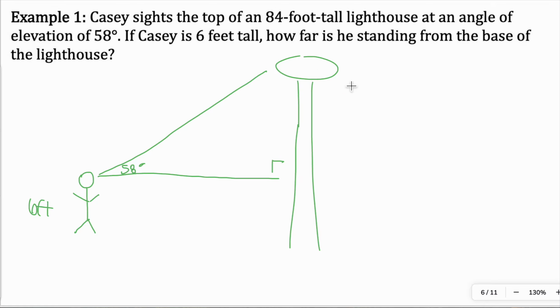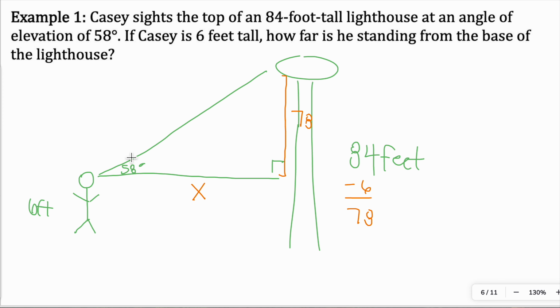Okay, 84-foot tall lighthouse, but because Casey is 6 feet tall, this is obviously not drawn to scale. This line here is going to be 84 minus 6, which is 78. So how far is he standing from the base of the lighthouse? We want to know this line right here.